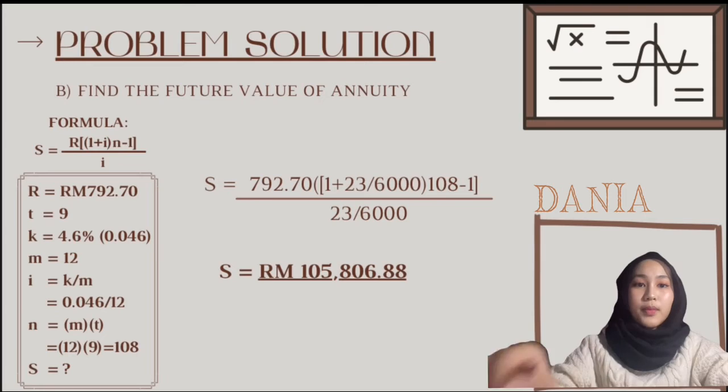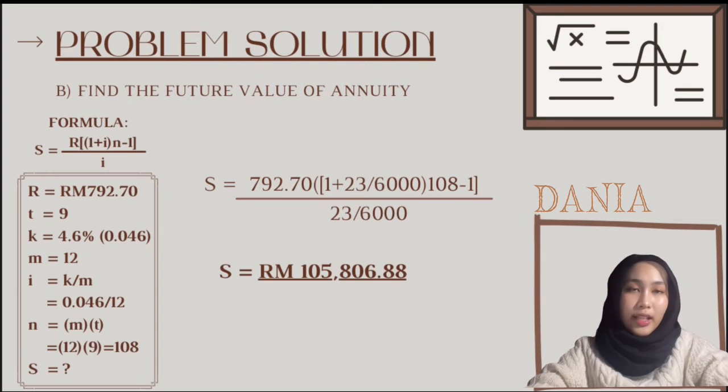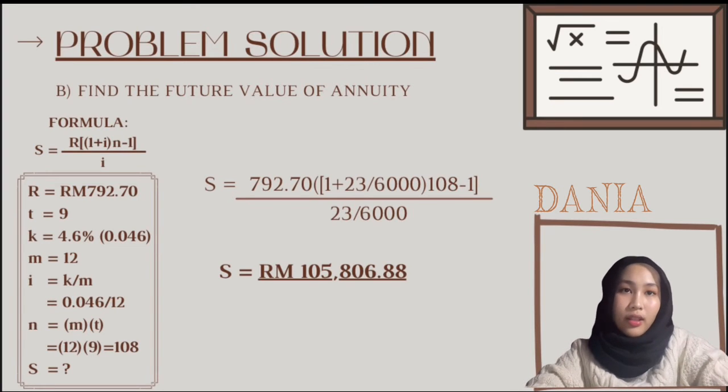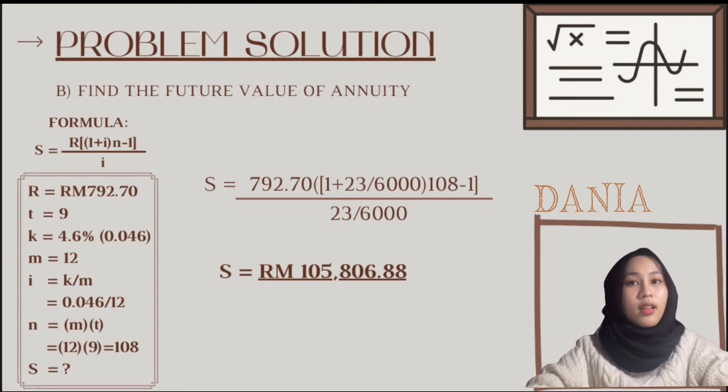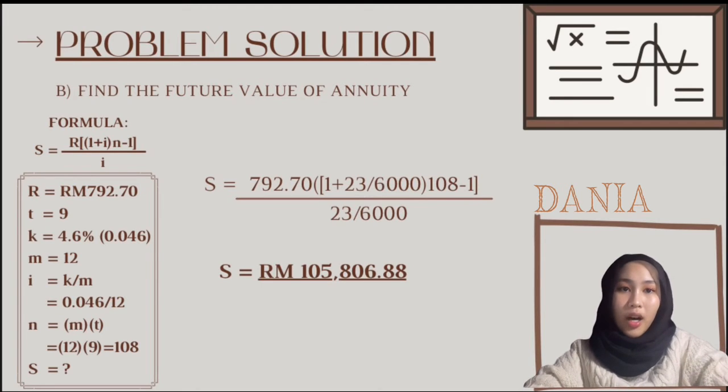Thank you. The second one is to find the future value of the annuity. This is the formula for the question, and I will show the video of how I solve it.